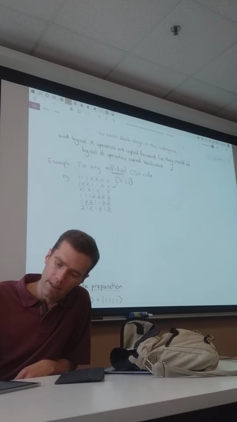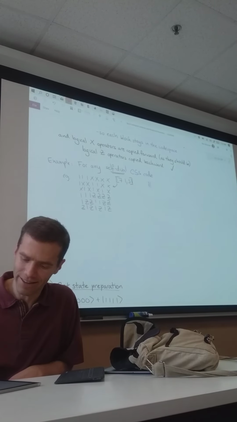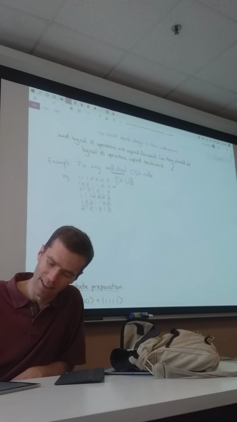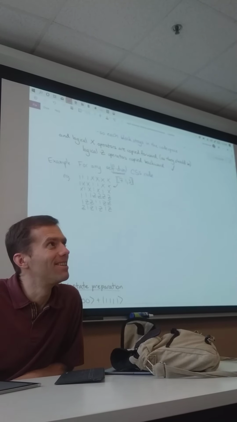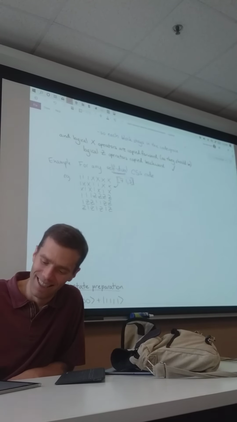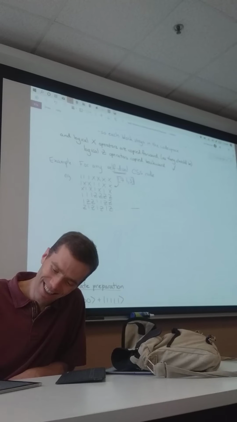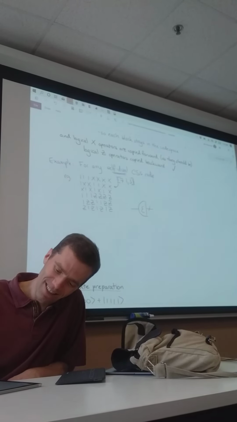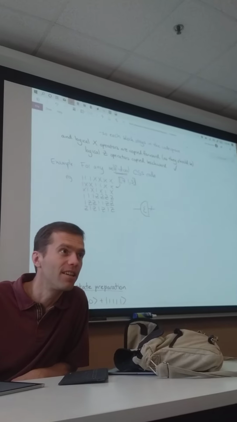So the claim is that H. Oh, here, I guess I can do it again using this fancy notation. Maybe not. Okay, so if I encode into 7 qubits. Why is it called 7-1-3?